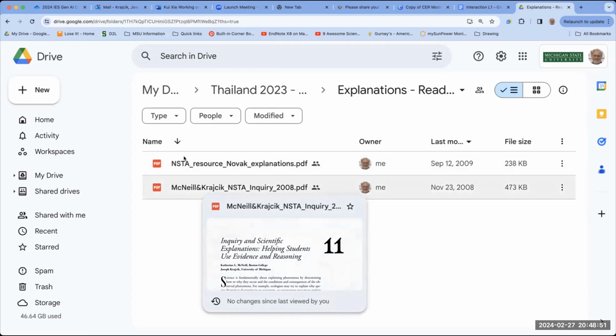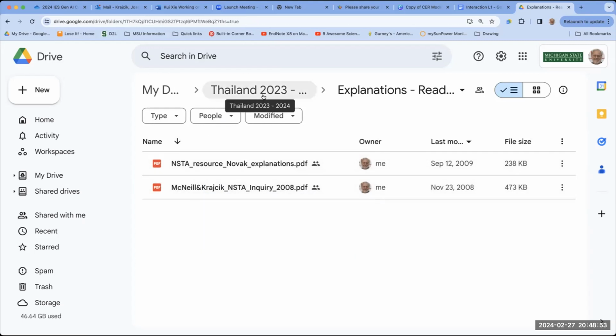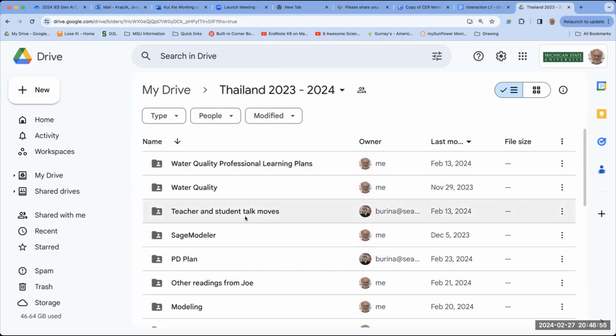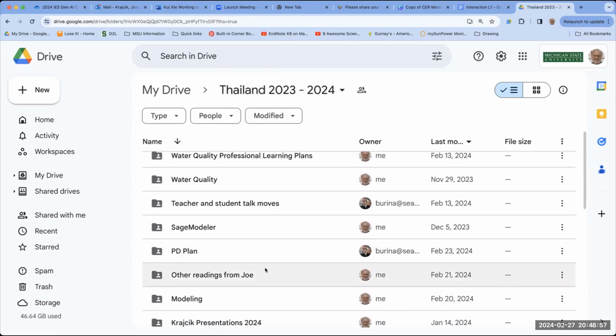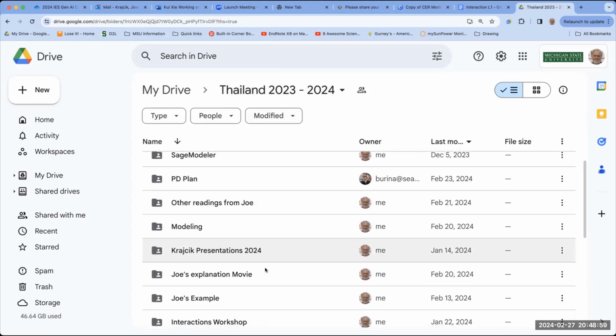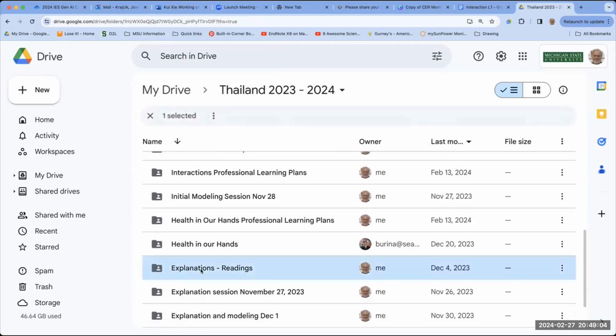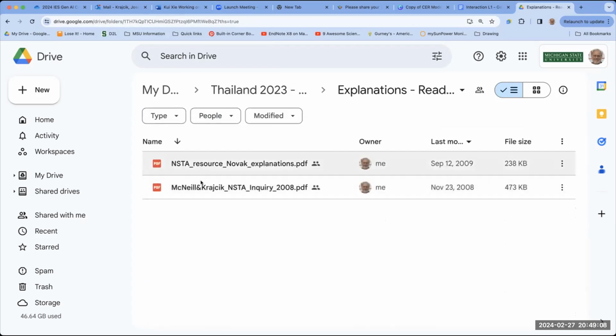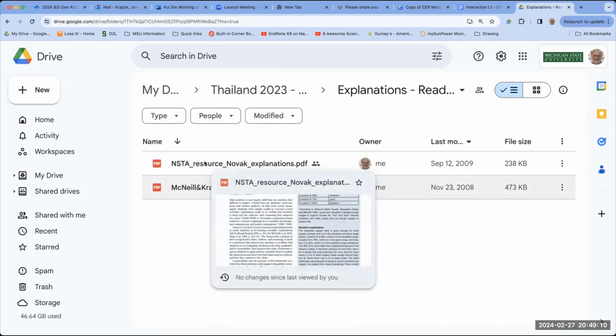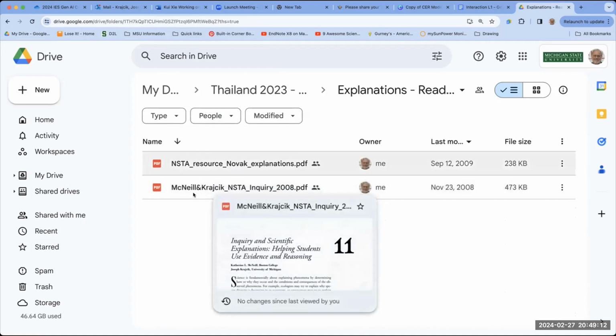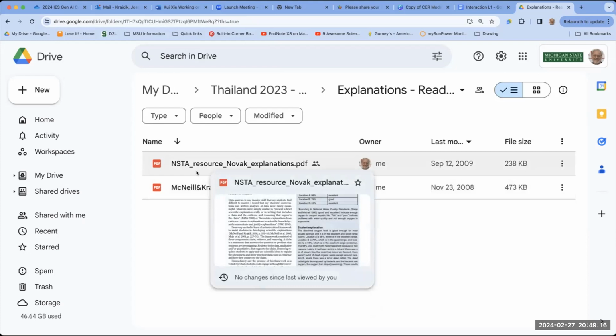If you go to Thailand and then go to explanation readings, you'll see these two articles that explain what the rubrics are and how to use them. I would encourage you to look at either one of those.